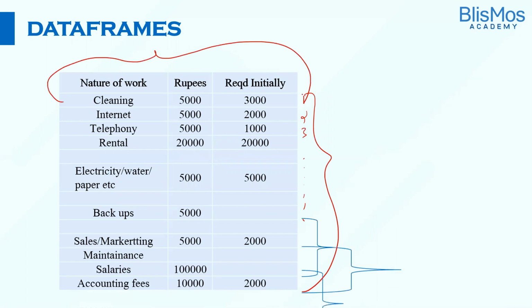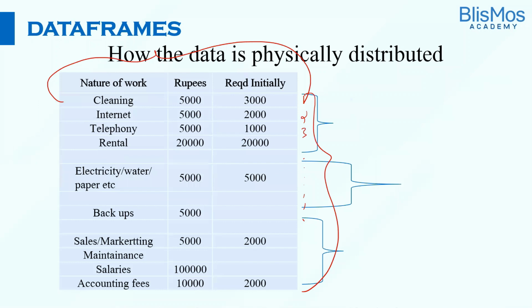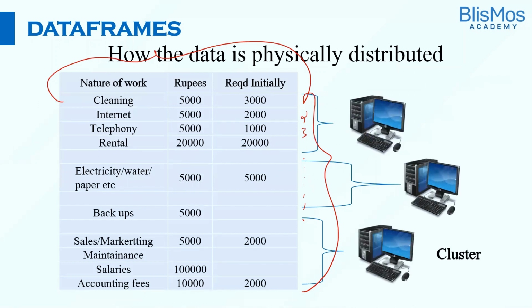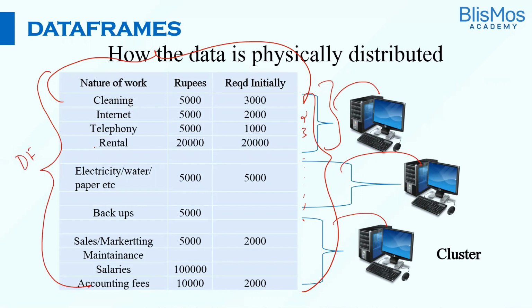These rows and columns are distributed across the different machines in the cluster. Some part is distributed here, here, and also here. Consider this whole thing a data frame. So this data frame is distributed across the different systems in a cluster.